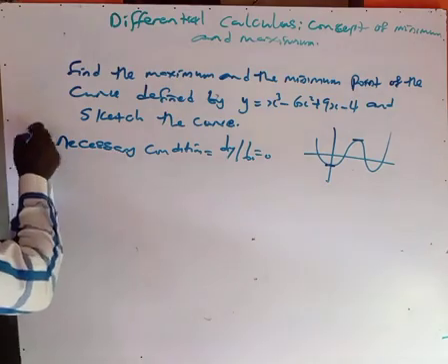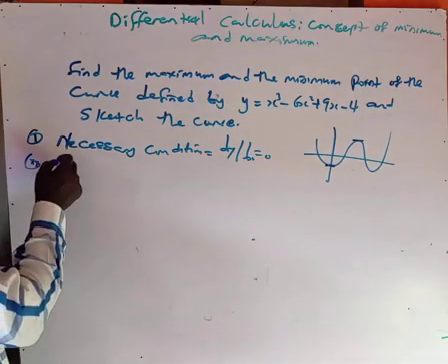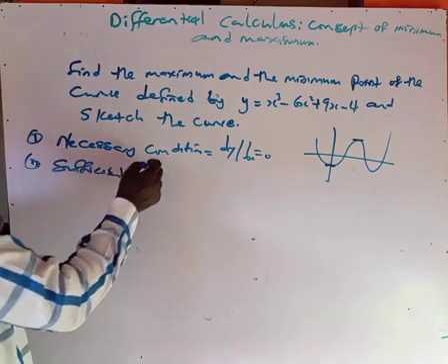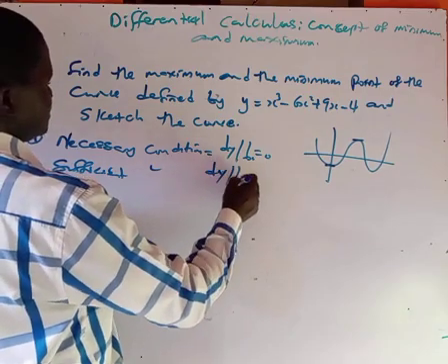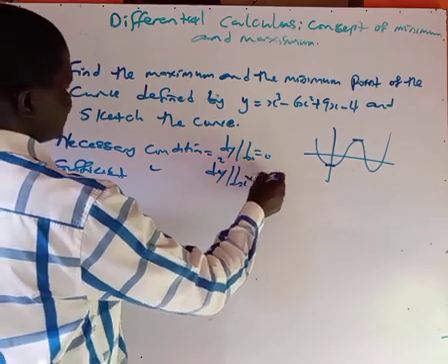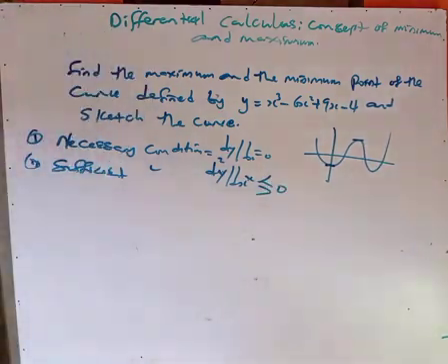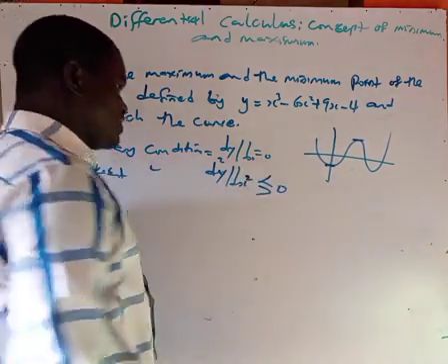That's the first one. Then the second we call the sufficient condition. It is the one that states that d2y/dx2, that is the second derivative of this, is less than or greater than 0. This is what we call the sufficient condition.